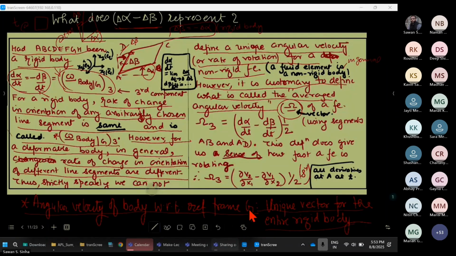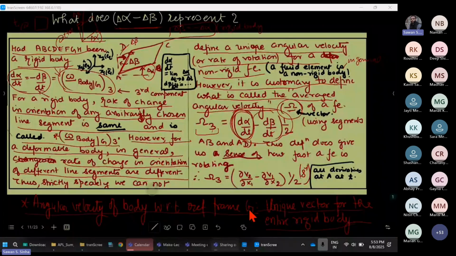And omega 3, the way we have drawn these figures, omega 3 means the third component of this vector, average angular velocity, will turn out to be this. What am I doing here? This is the rate at which edge AB is changing its orientation.